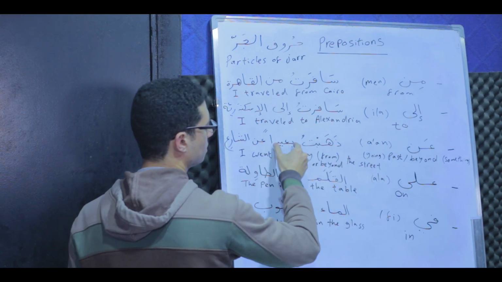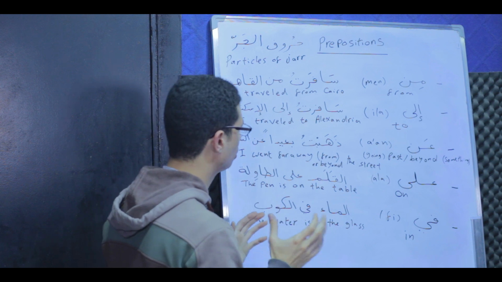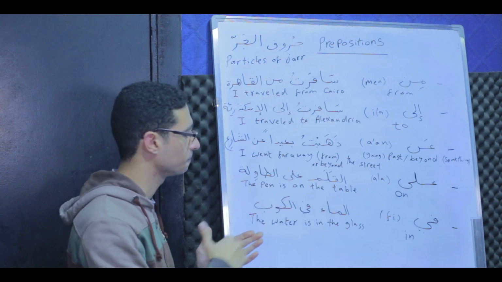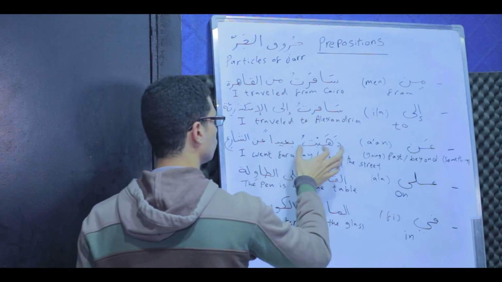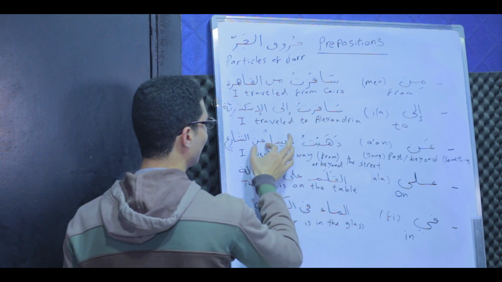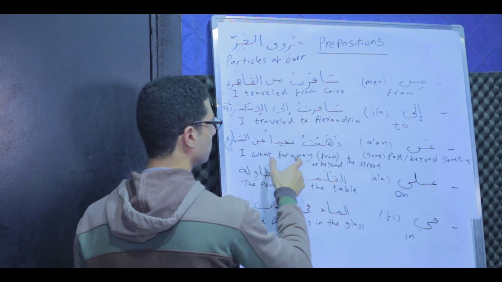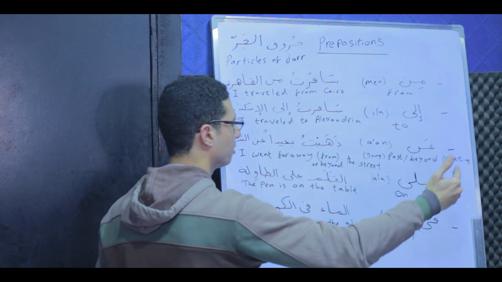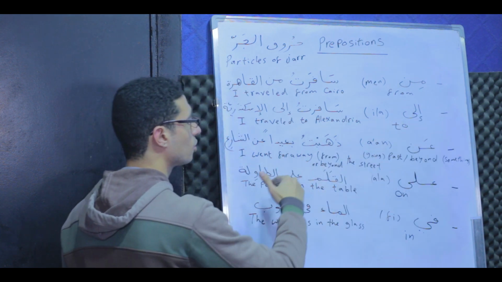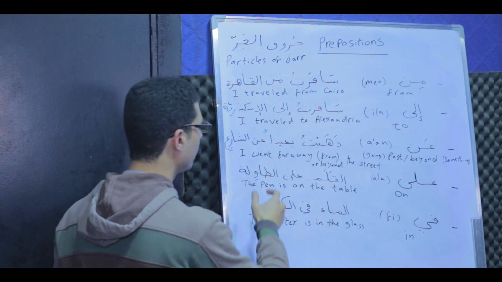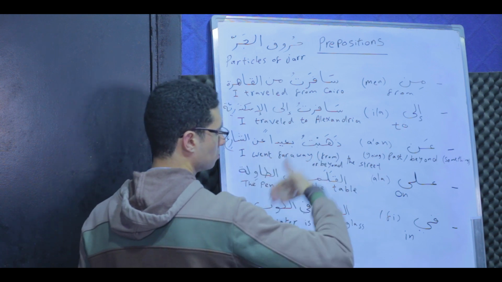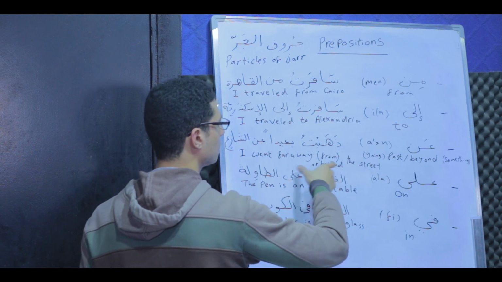It's an adverb from the adjective بعيد, which means far. Okay, ذهبت بعيدا عن الشارع. شارع means street. So I went far away beyond the street or past the street or from the street.